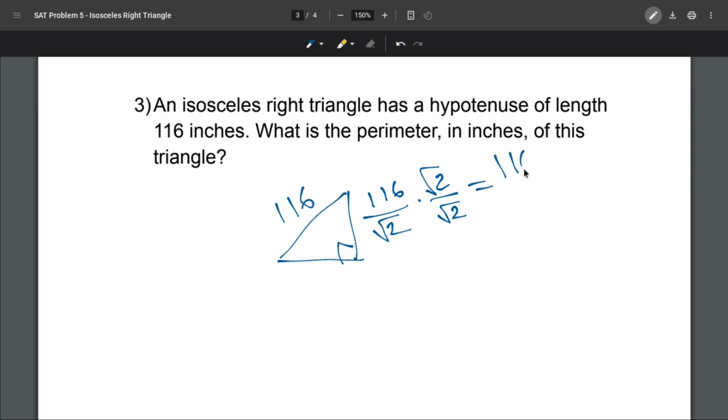So we're going to get 116 square roots of 2 divided by 2. But that's this side and this side. So there's 2 sides. So we're going to have 116 square roots of 2, because when we multiply by 2, this 2 goes away, plus the hypotenuse, 116. That's going to be the total distance around, and that's in inches.